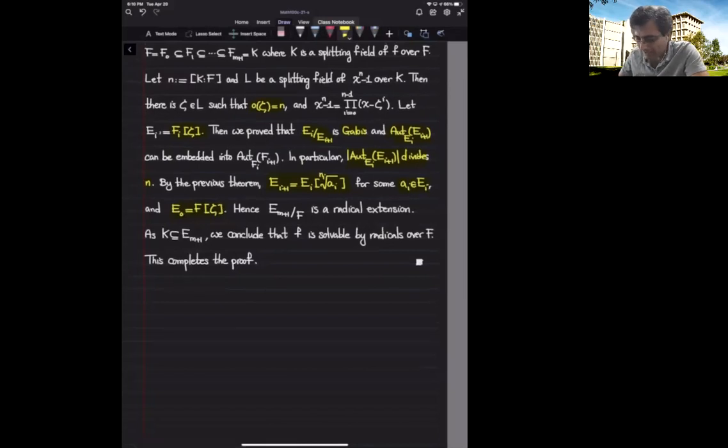So altogether, we are getting that E sub m plus 1 over F is a radical extension, because each time I'm adding a solution to x to the n minus a for some a and some n. So it's a radical extension, and this contains the splitting field of the polynomial f. Altogether, that means the polynomial f is solvable by radicals over the base field capital F. This completes the proof for now.